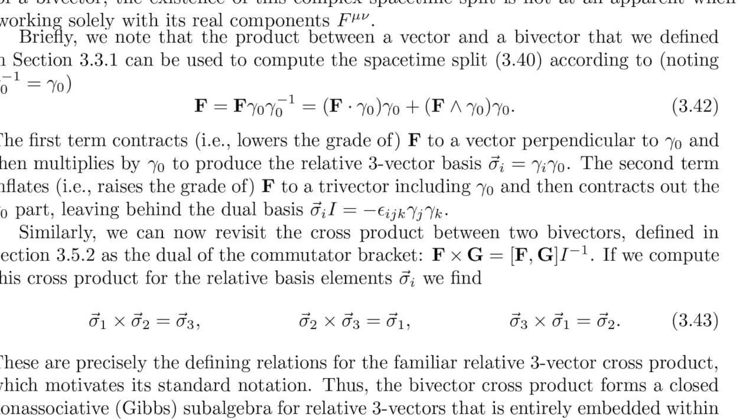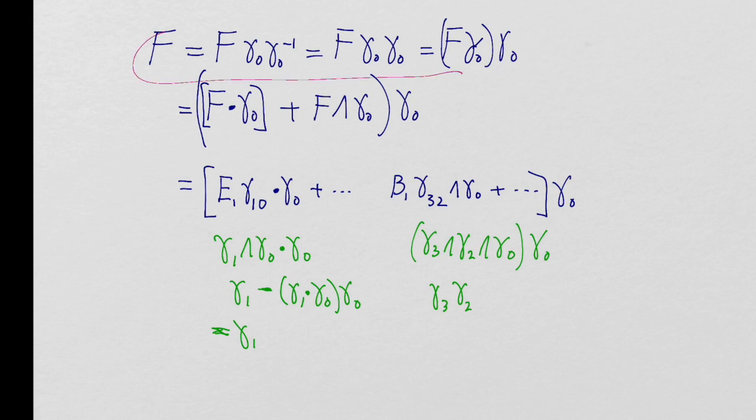Ultimately this will be the part we call E, and this is the part we call BI. And that split itself isn't too hard to understand. It's worth looking at, though. So here I've repeated everything written down in this form, and we're at this part, so we're just going to look inside the parentheses. The text obviously has the gamma 0 there, and then another gamma 0 there, and it distributes it through, but we're not going to distribute it through right now.